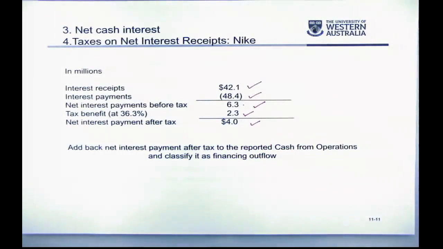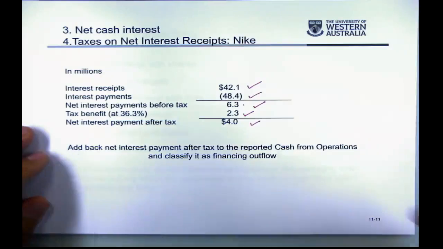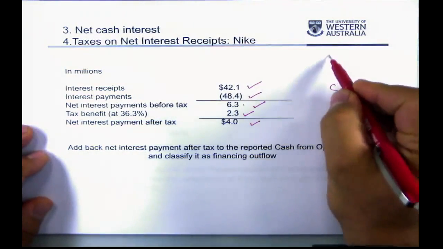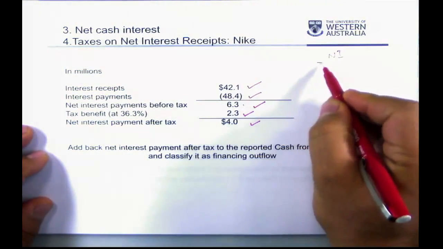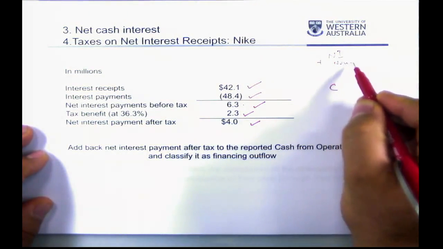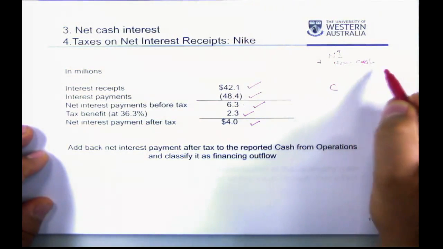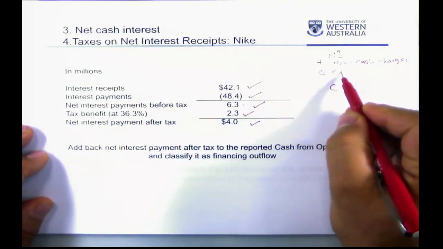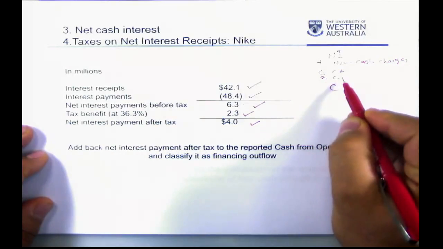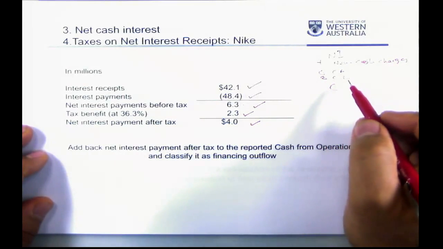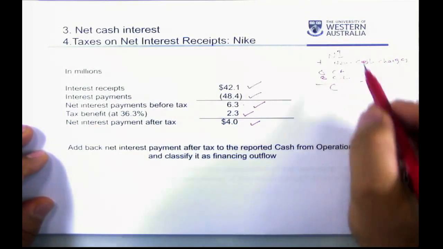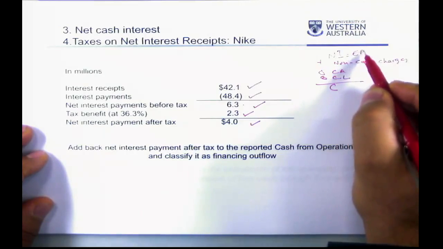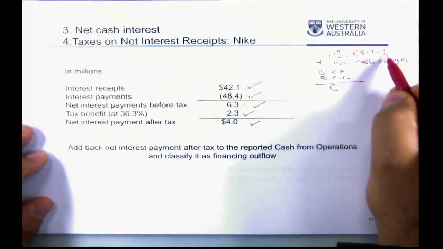Again, I would like to refresh your memory. When we calculate C, we start with net income, and then we add non-cash charges or expenses, and then we take the change in current assets and the change in current liabilities. You remember? I told you net income is EBIT minus interest minus tax, right?